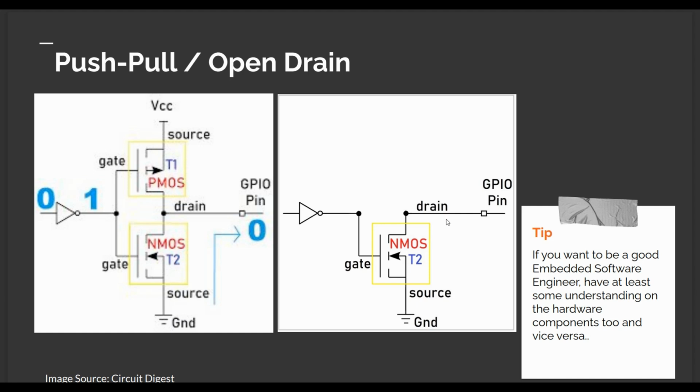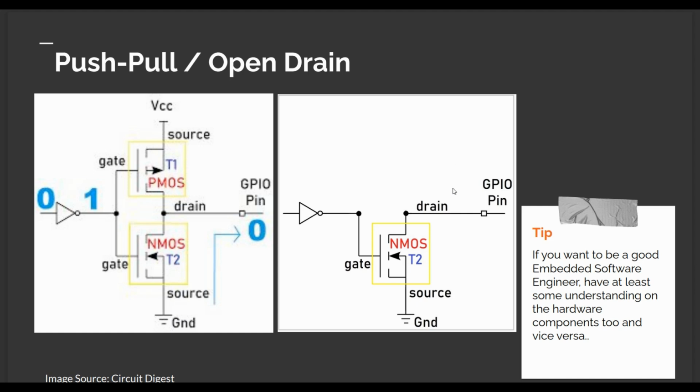So here actually the concept of pull up or pull down comes into the picture. If we want a certain state to be given to the output, we won't prefer to keep it floating.